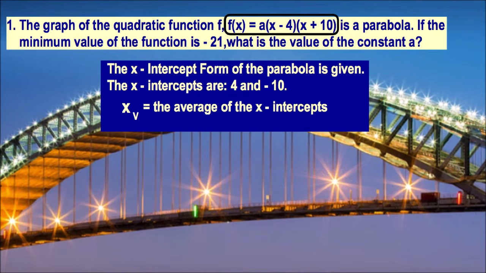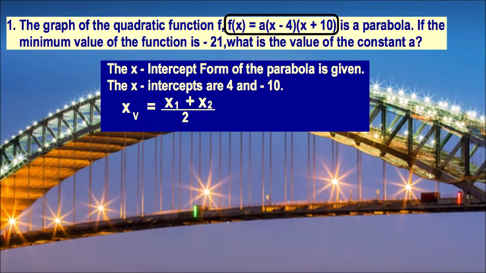X-vertex is equal to the average of the x-intercepts, and thus is (x1 + x2) divided by 2, which is (4 - 10) over 2, which equals -6 over 2, which equals -3.